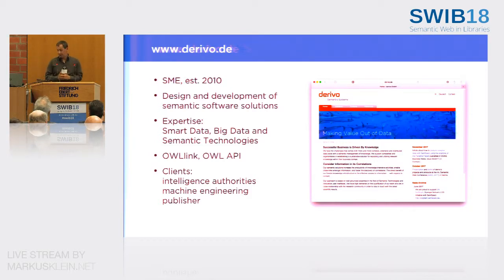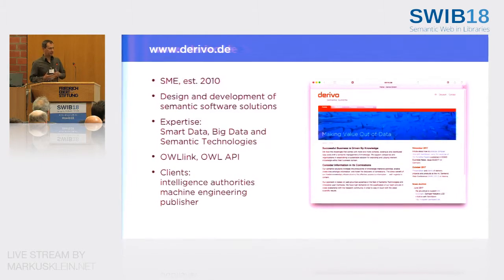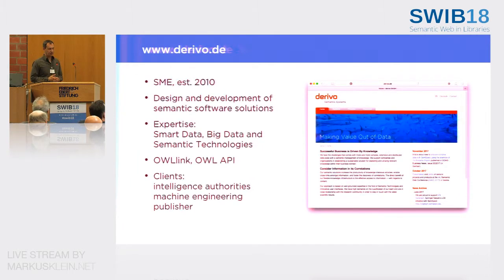I'm part of a team at Derivo that does applied research and solution development in exactly the area of semantic technology. So we help companies and organizations in facing the challenge of more and more distributed, heterogeneous, and large data sources by a semantic management of that data. And we have also contributed to community efforts such as the OWLLink protocol.